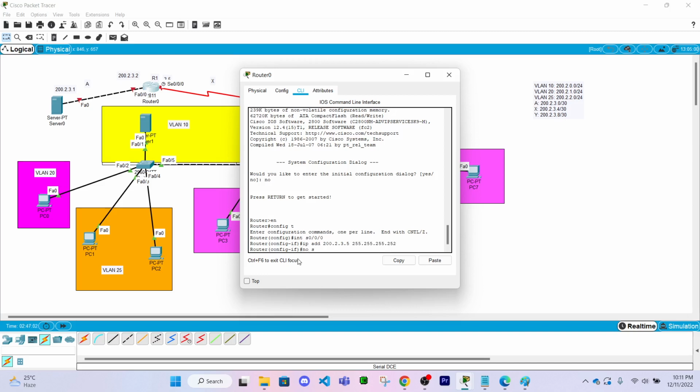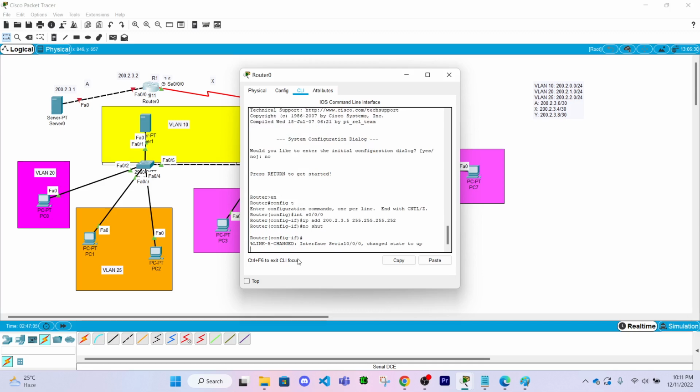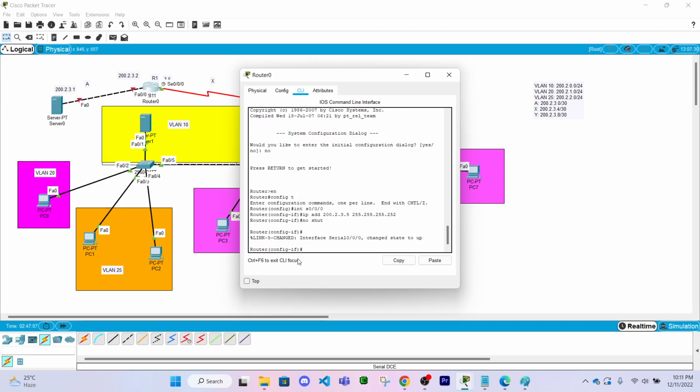Enter, then no shut. Okay, then the state has changed to up.